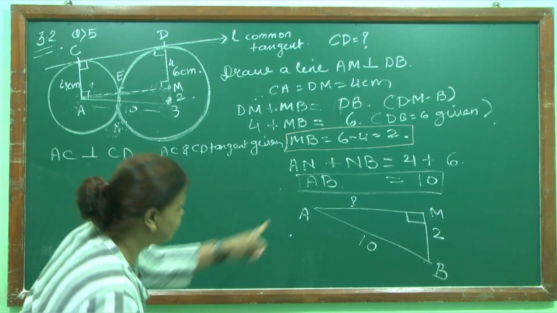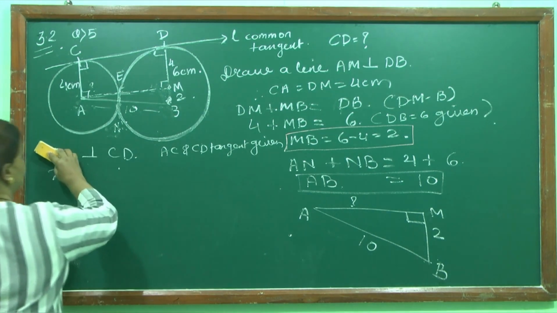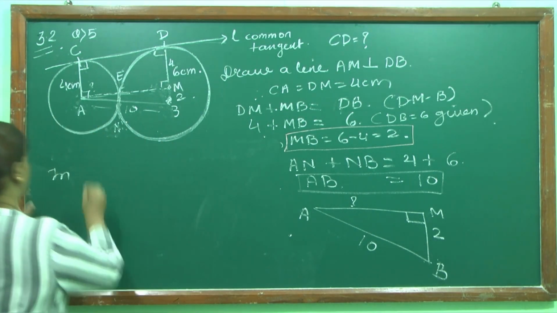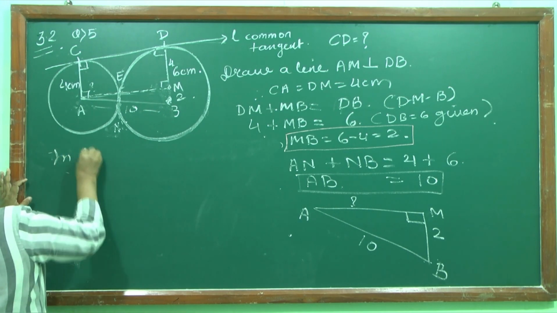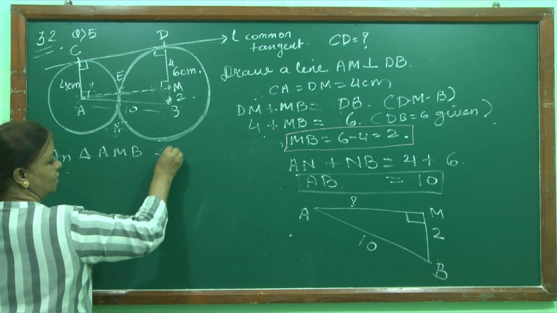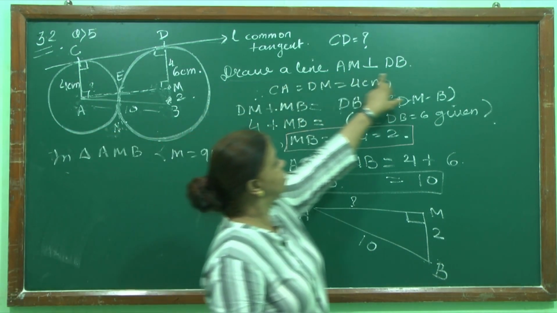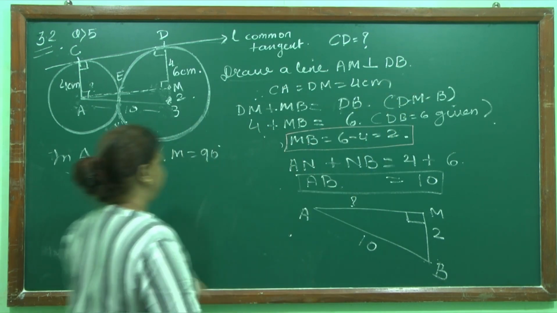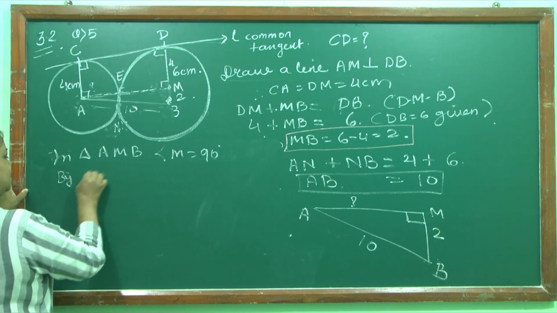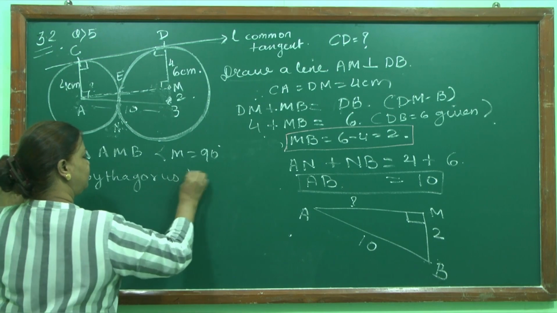So now I write in triangle AMB, angle M is equal to 90 degree. That is because we have done the construction. So by Pythagoras theorem.